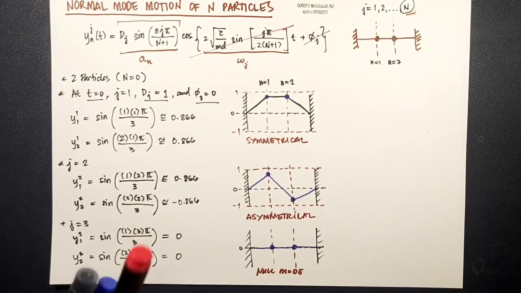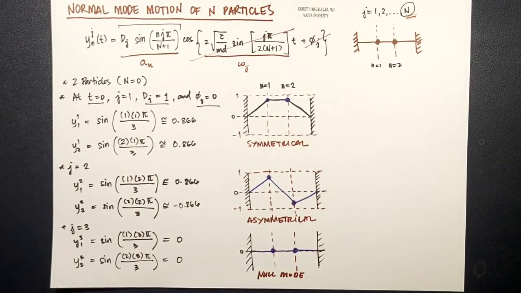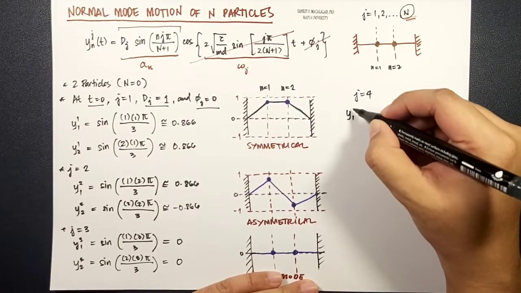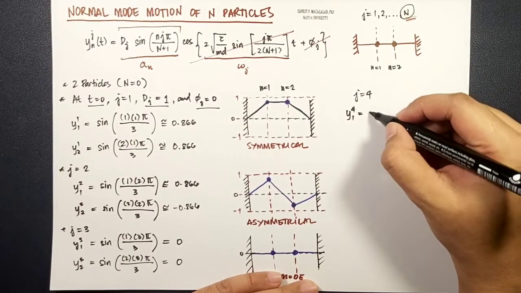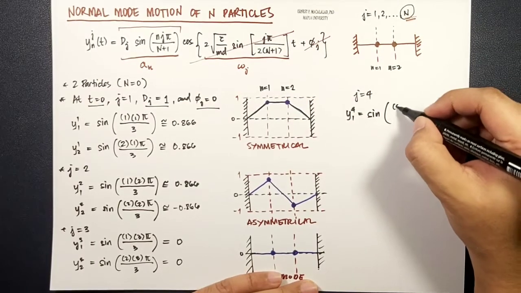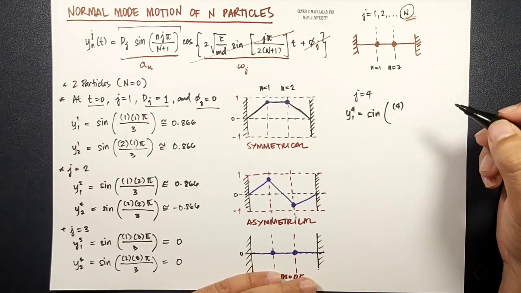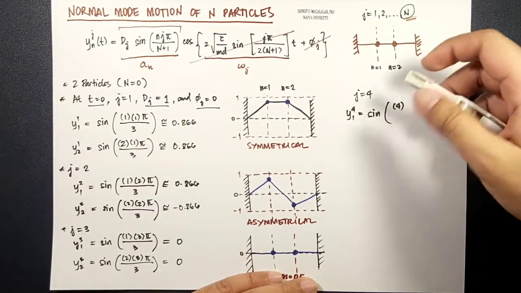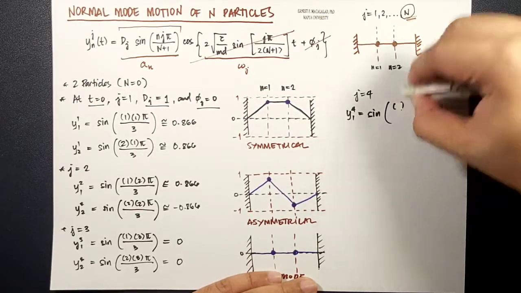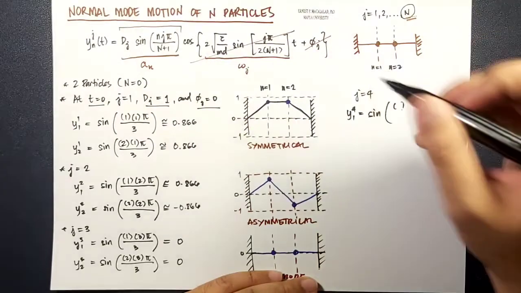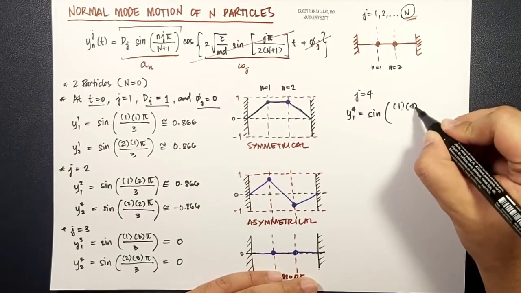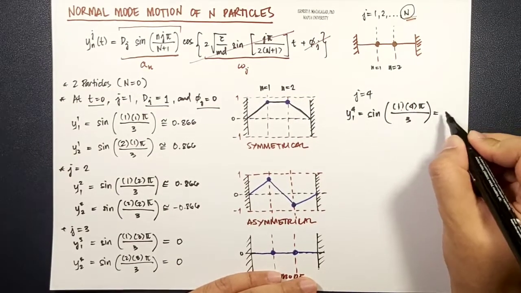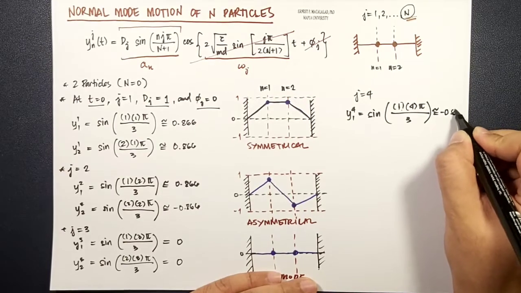Now let's see what happens if, for example, we have J equal to 4. For J equal to 4, y1,4 would be equal to sine of 1 times 4 pi over 3, which is approximately equal to negative 0.866.